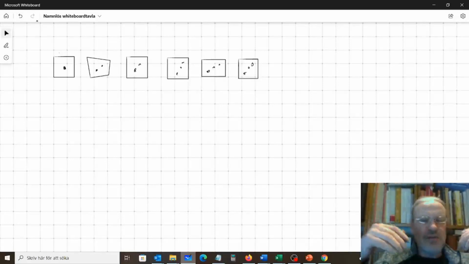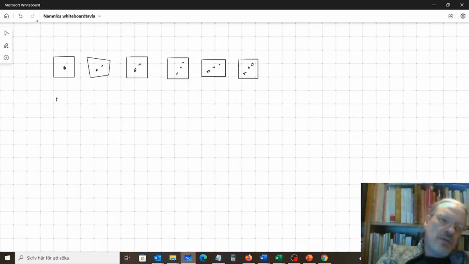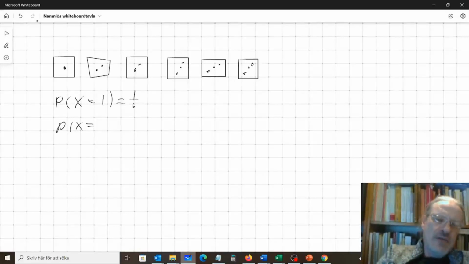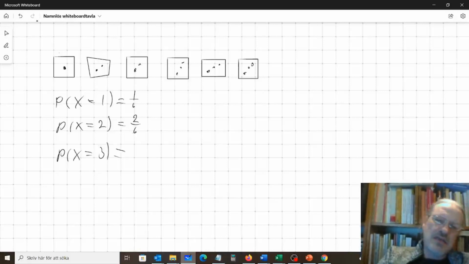The probability that our result is 1 equals 1 out of 6, right? The probability that our random variable has the value 2 is 2 out of 6, and the probability that X equals 3 is, because of how we designed this die, 3 out of 6.